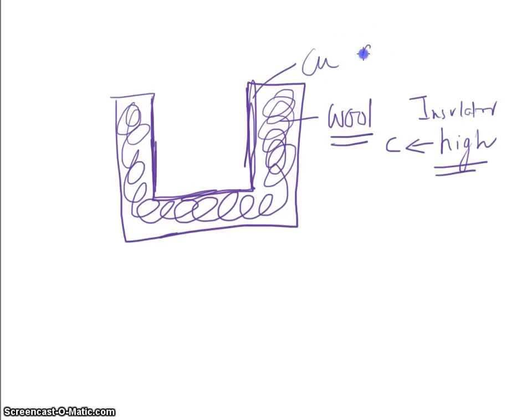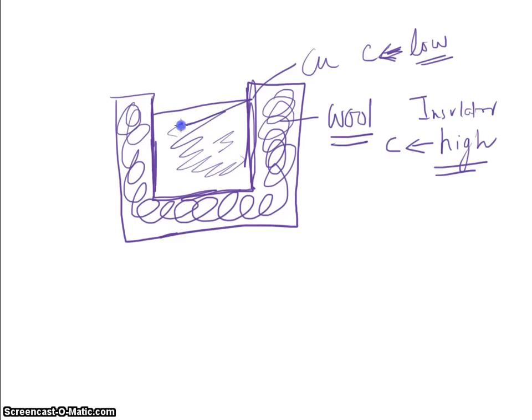Copper has very low specific heat capacity. It implies that if you put water inside this, and water gets 4,000 joules and increases temperature by 1 degree, then copper has much lower specific heat capacity than water.